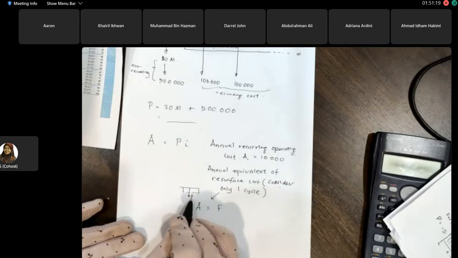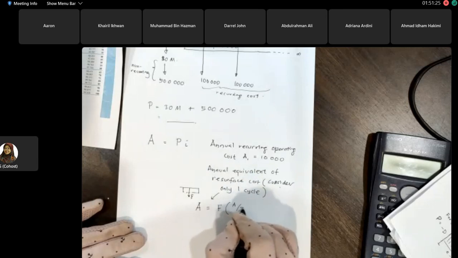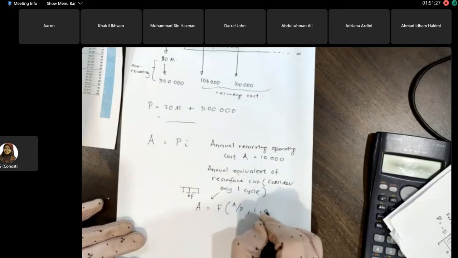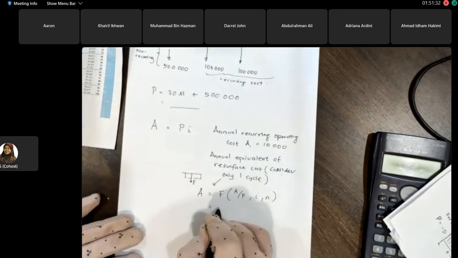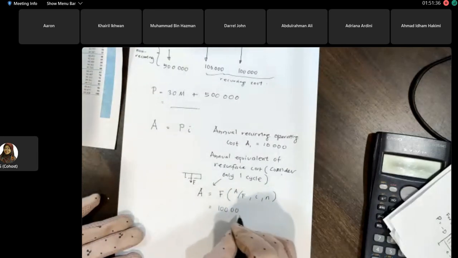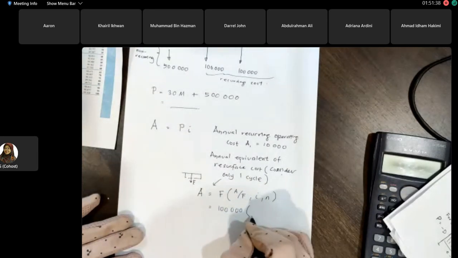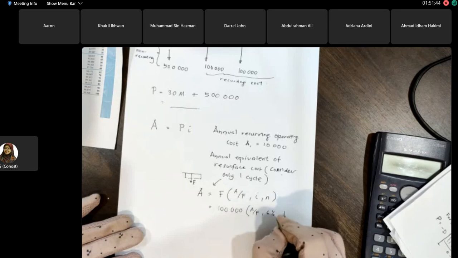So that means it is F. You just take it as one cycle, so F. So A over F, i, N. So F is 100,000 ringgit. Okay, then A over F, i is 6%, N is 10.